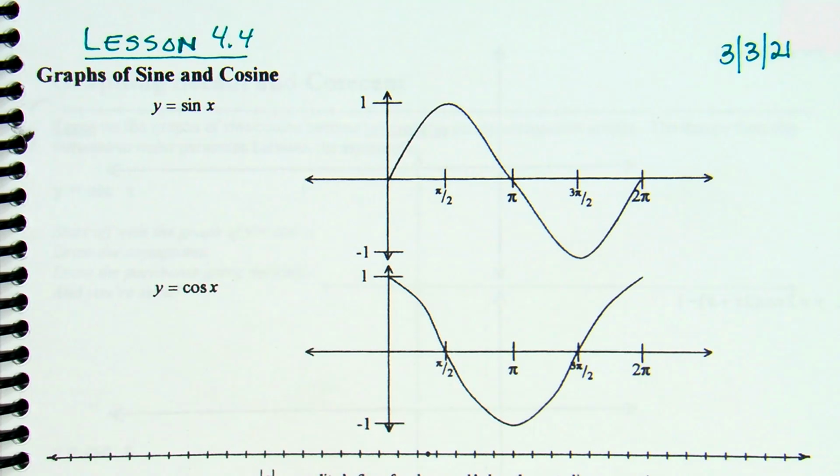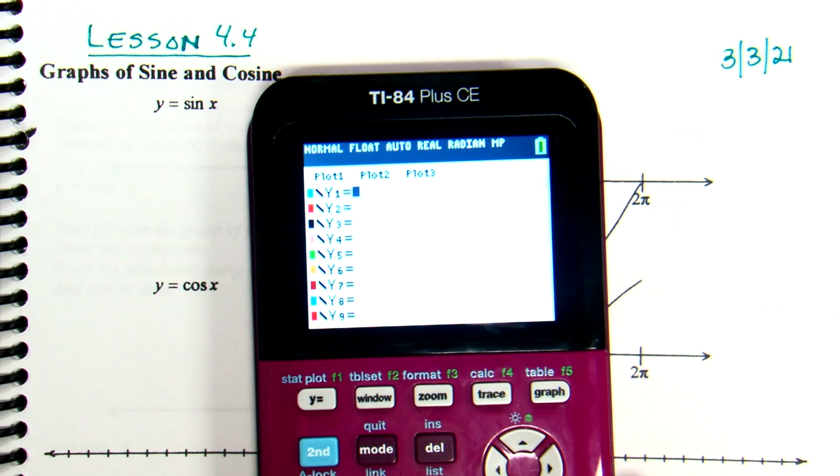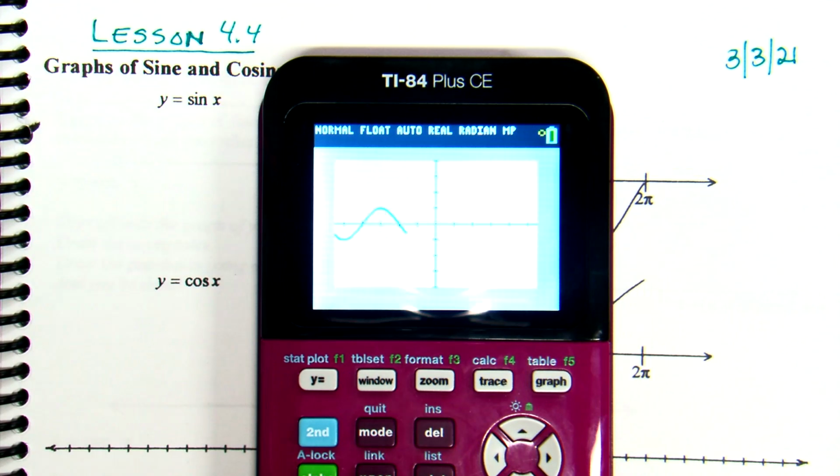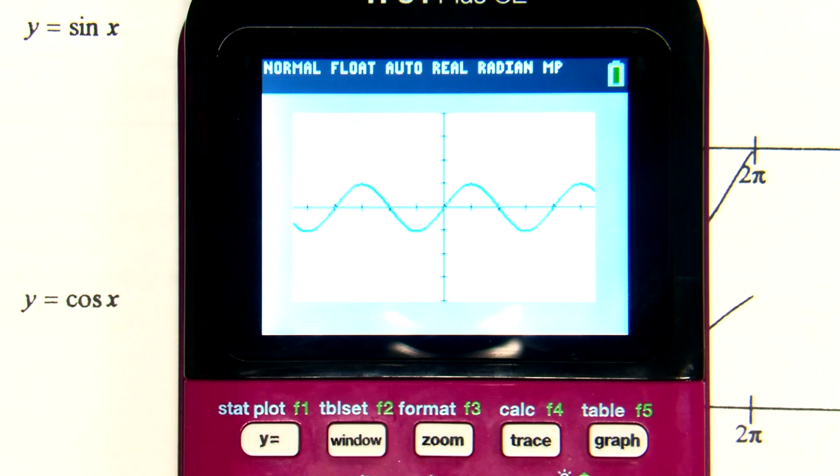And so, if I show you sine x, I'm in radians, and I'm going to do a trig screen. I went to Z trig because it works a little bit better. But notice, here's what my calculator says sine x is.